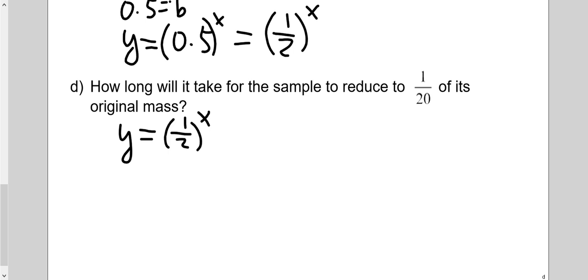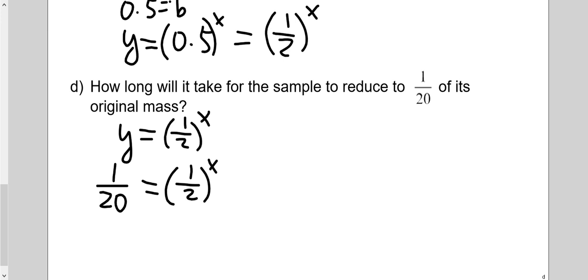Basically we just do some substitution. Our current value is 1/20th, so 1/20 equals (1/2)^x.